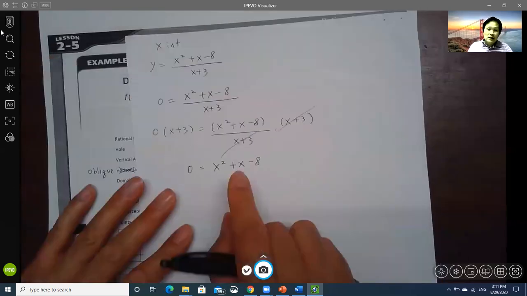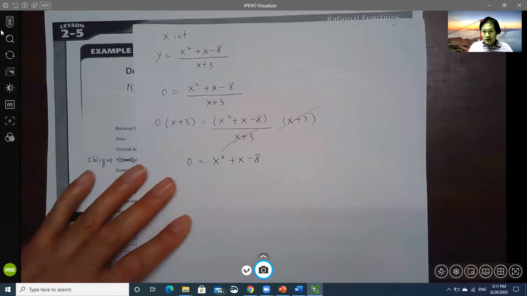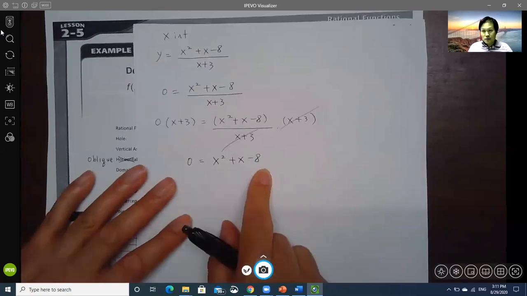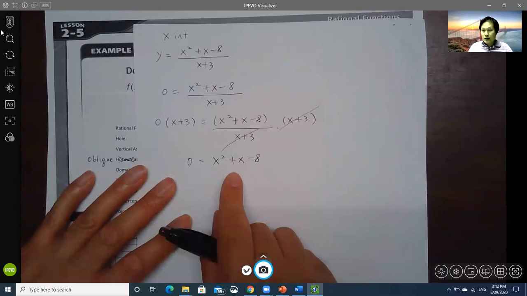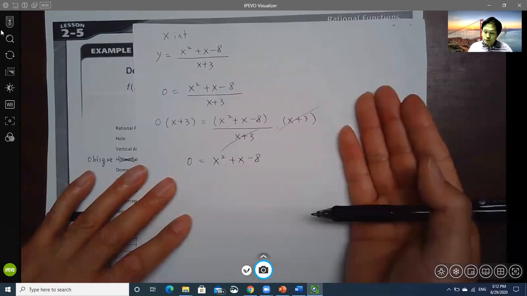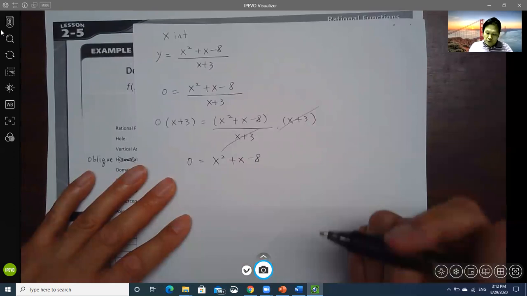Okay, I did try to factor this. It doesn't work. 1 times minus 8, 2 times minus 4, change the number. You will never be able to factor this. So I'm stuck. What do you do? You have to do the quadratic formula.